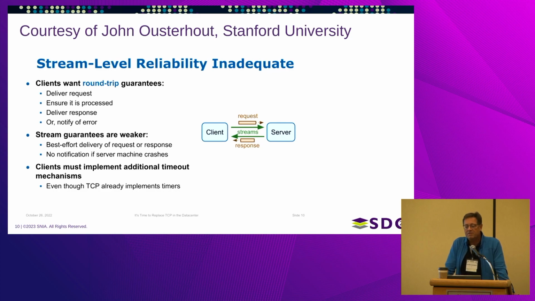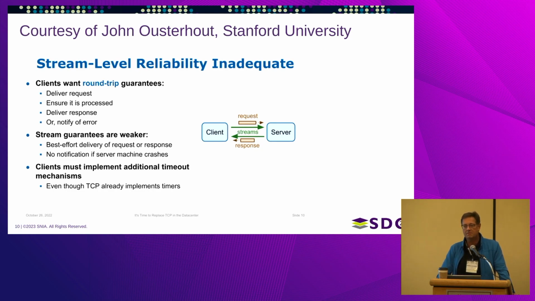In particular, if you deal with messages where all you say is, my message is a quick request, please give me this thing, and you expect a response, and then you want to make sure that your request has been processed, and eventually you get a response, and you basically need to deliver the response reliably. If there is an error, okay, you get notification. That's what you expect. In TCP, it's a timeout.